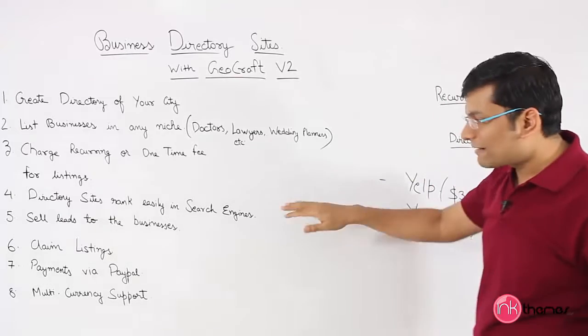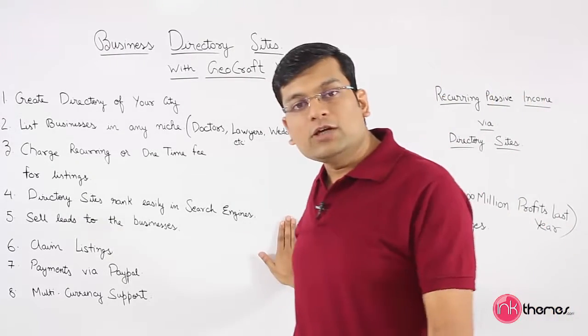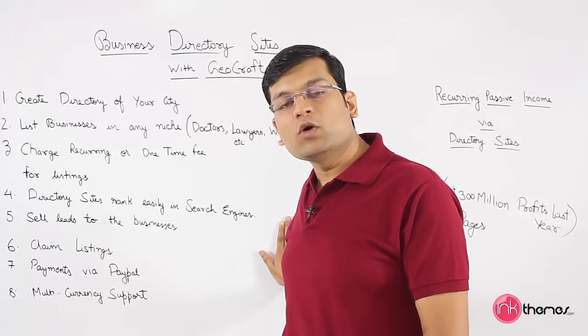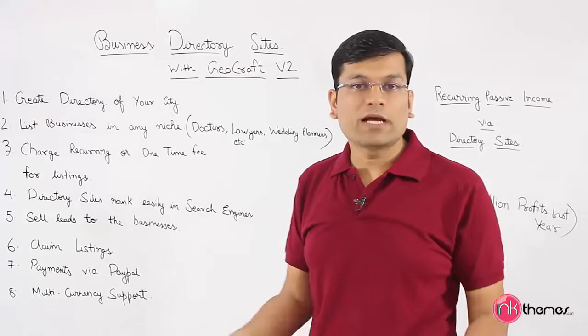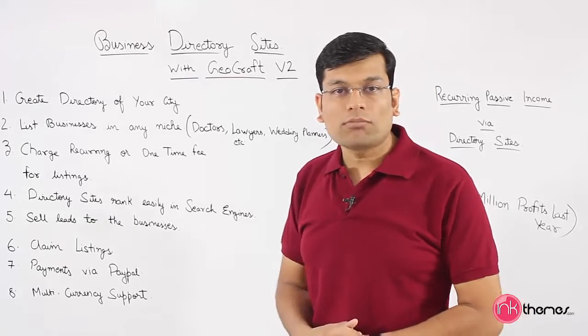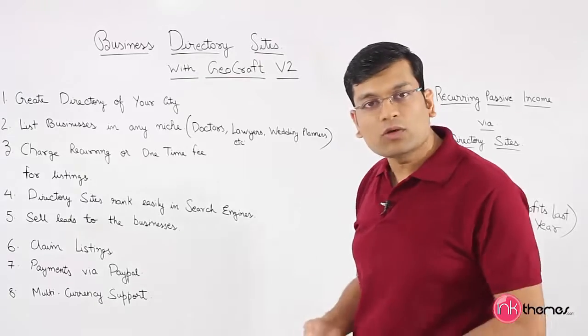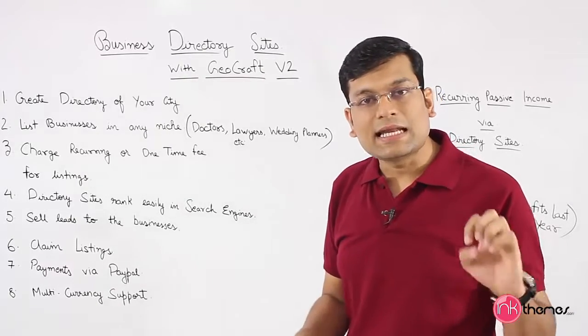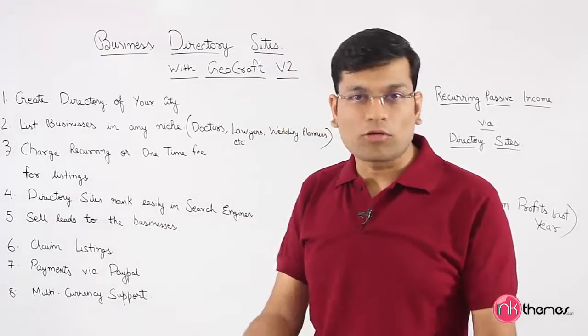So directory sites are easier to rank in search engines. Since people would be finding your website on the search engine, they would be coming over to your site, and if they have any specific requirement, they would be filling out the leads form or request form on your website. When they fill out the request form, these leads can actually be sold to different businesses for, again, a one-time or recurring payment.